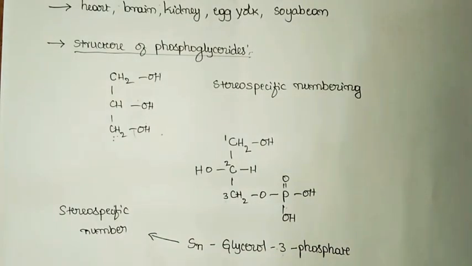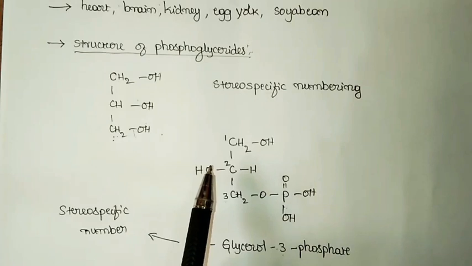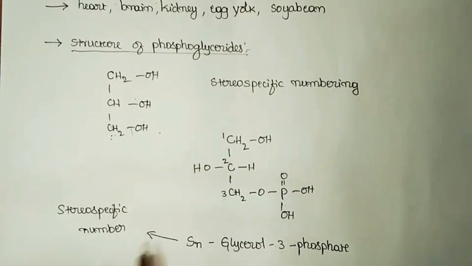So before giving the name of a particular phosphoglyceride, we put the prefix SN and say the number 3. In all phosphoglycerides, we will have this SN-glycerol 3-phosphate moiety.